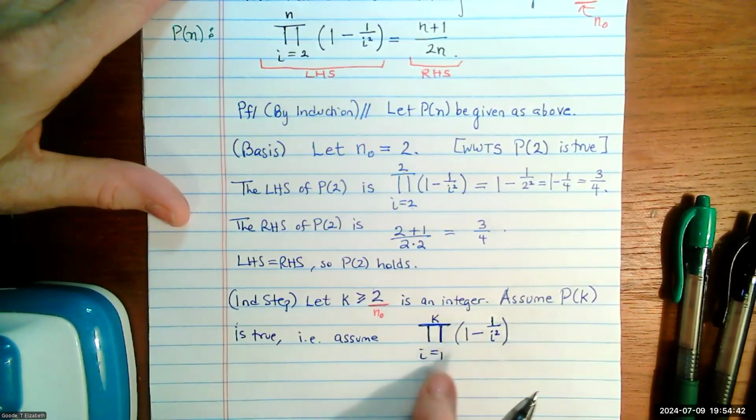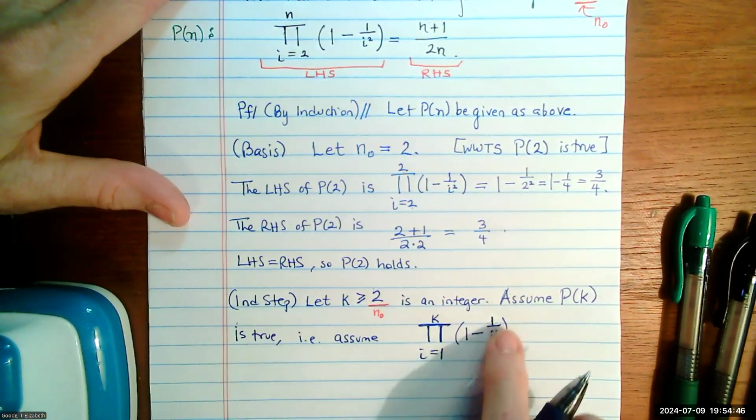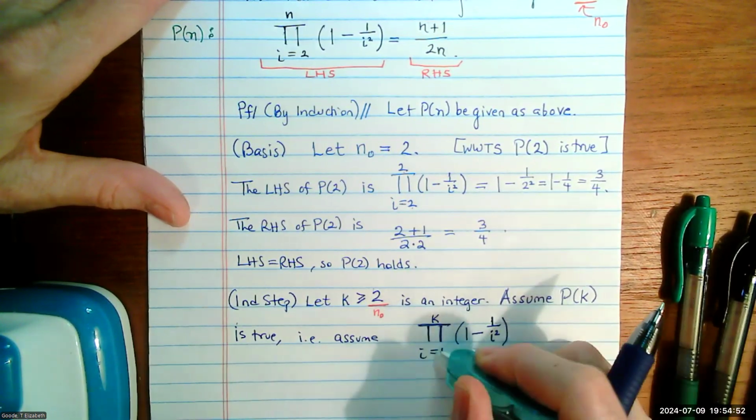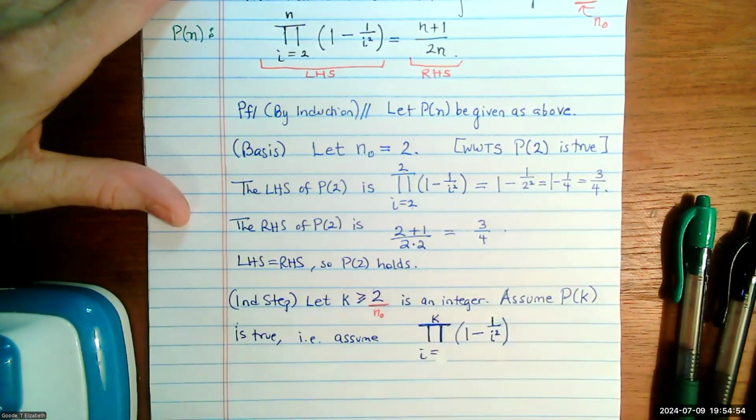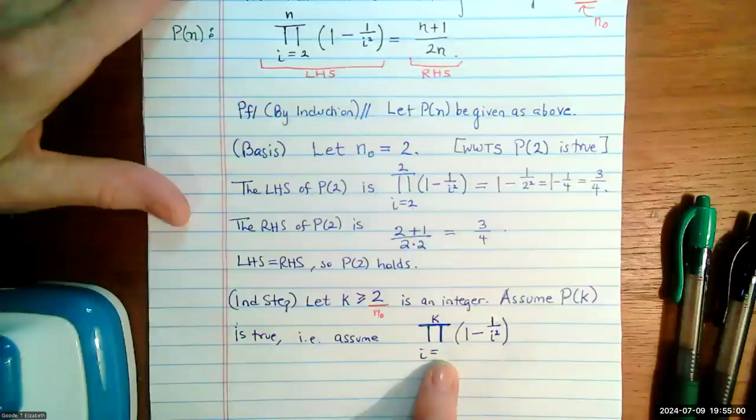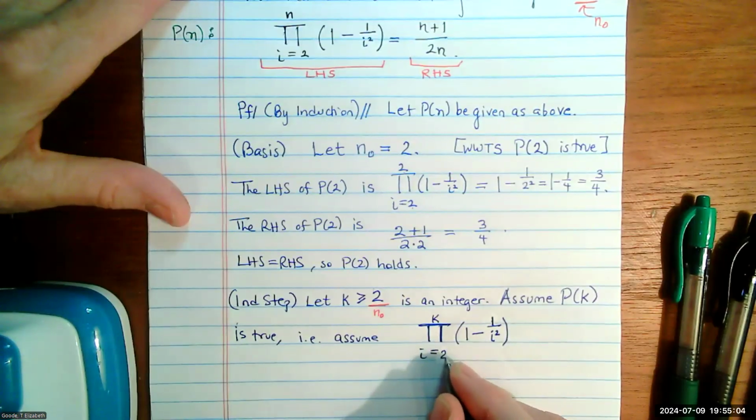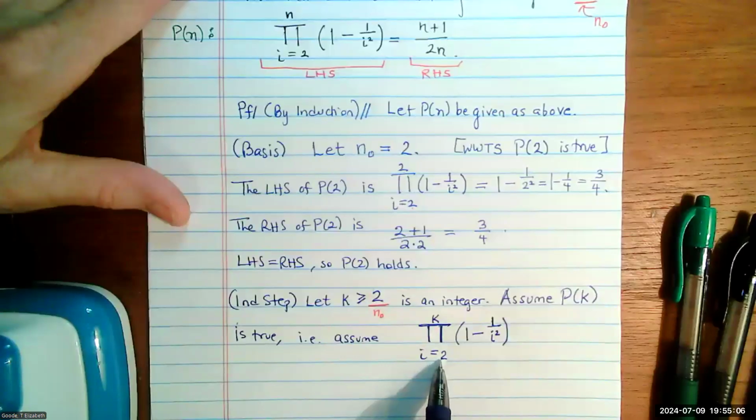of many factors. The first factor is when I equals 1. It'd be 1 minus 1 over 1. In other words, the first factor. Oh, did I put 1 there? What am I supposed to put here? Two. Yes. Did you see what just happened when I put in I equals 1?